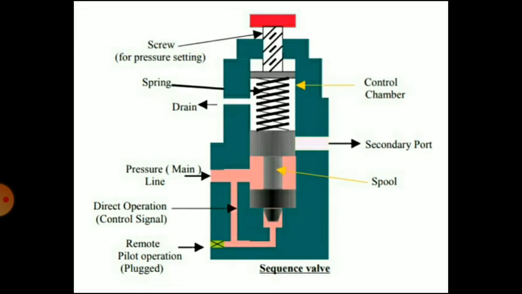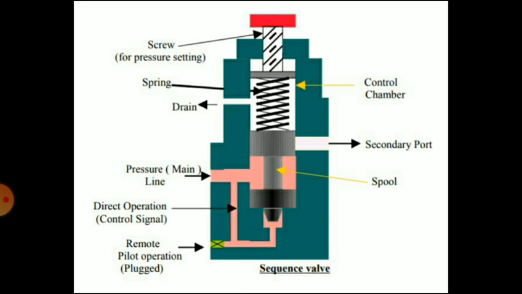As for construction, it is nothing but a pilot operated relief valve in which the drain is connected to the second consumer. It has two spools attached to each other. The spools are drilled with an internal orifice. The drain is directed to the main drain.